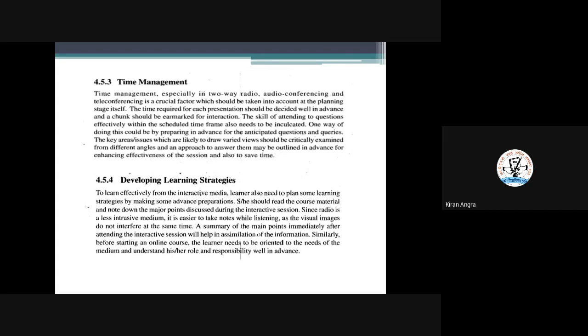But that time frame should have an earmarked, specific time slot for the interaction, so that the learner can easily put questions within the scheduled time frame. So time management is to be taken care of while constructing the material, or while using the interactive media.